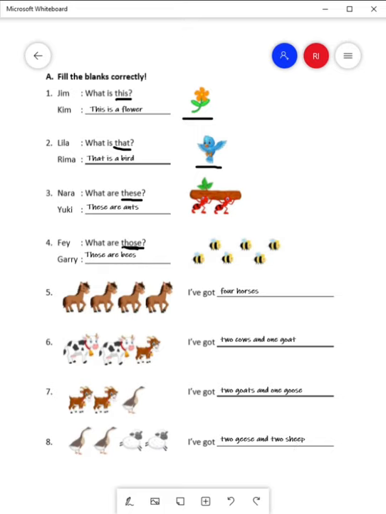Okay, so for sheep, if it is more than 1, it is not sheeps, but it's actually only sheep, even if it is more than 1.